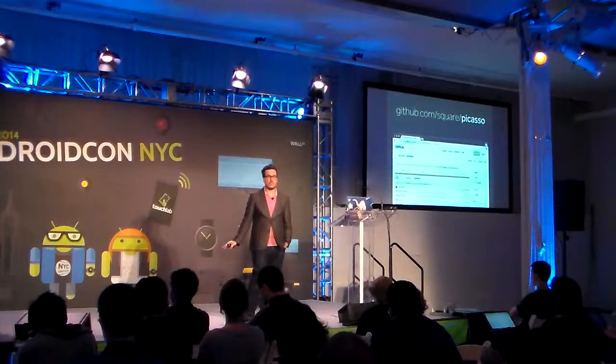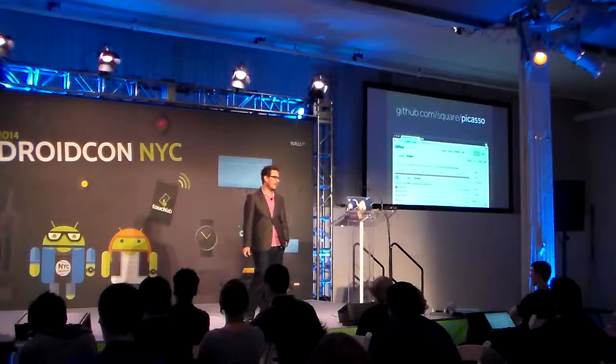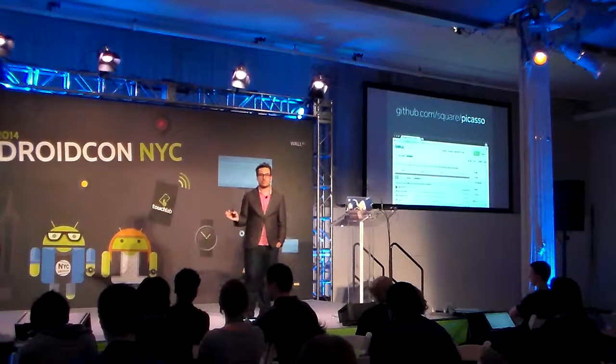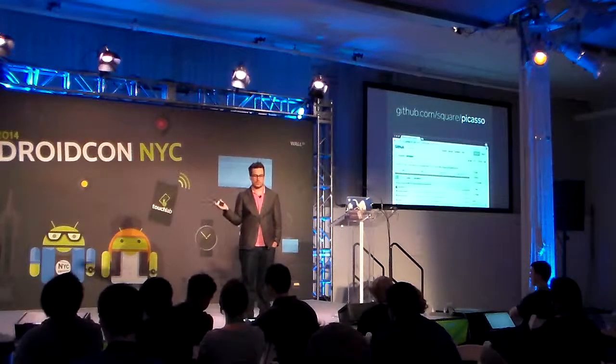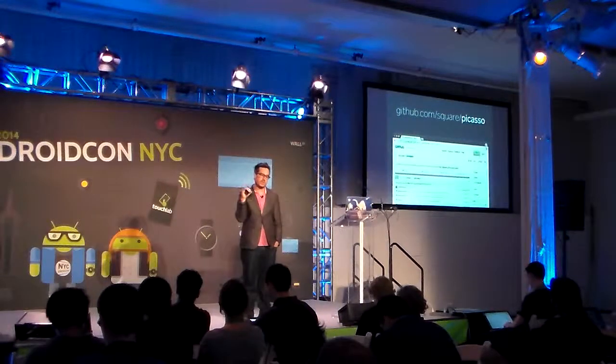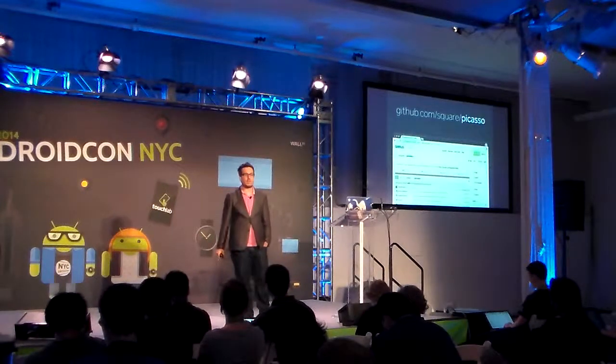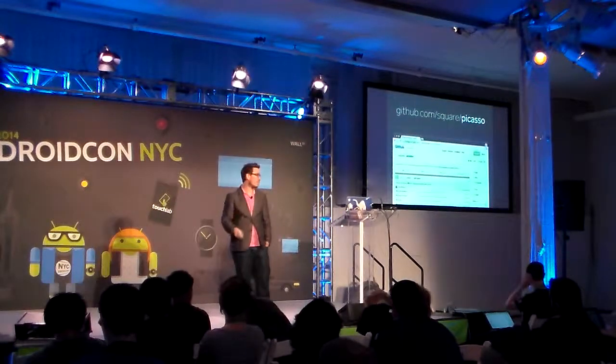Brilliant library, also really easy to use. You just say, this view gets this image, and the image is just a URL. Really easy, and it'll do tons of nice things. So you say, take this 1,000 by 1,000 image and put it in this 50 by 50 image view, and Picasso can take care of making the thumbnail or resizing.